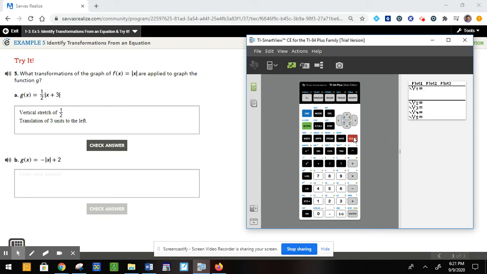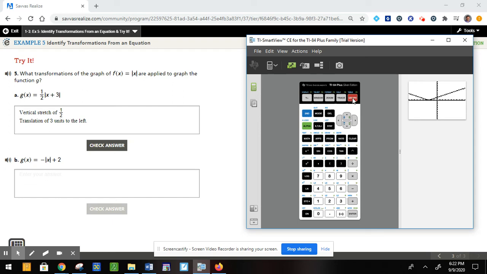So I would just graph it and make sure what I'm writing in here makes sense. So again, you've got 1/2. The way you have to type 1/2 into the graphing calculator is 1 divided by 2. And then it's absolute value bars, so you have to hit the math button over the number column. ABS is absolute value. And then it's x plus 3 in there.